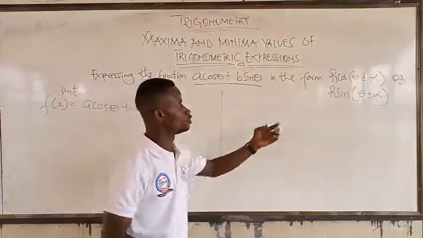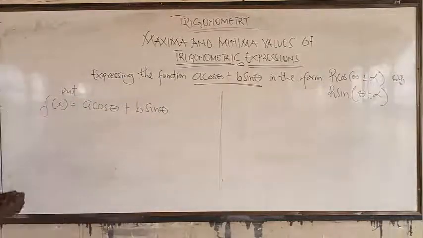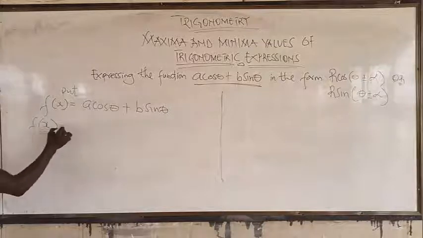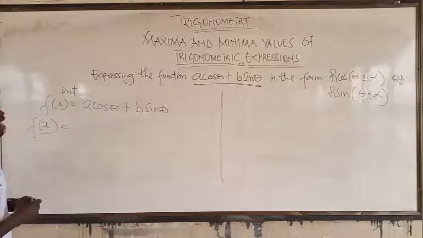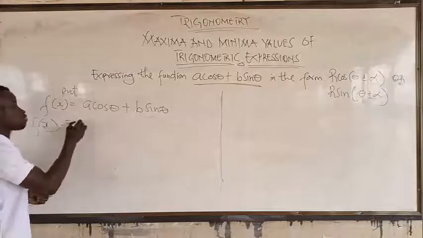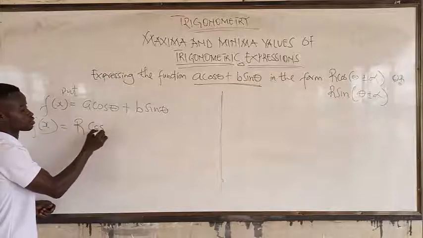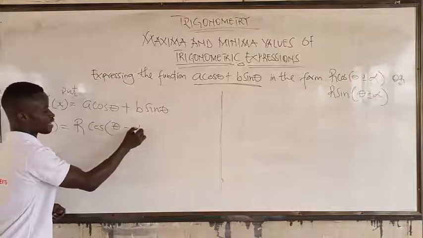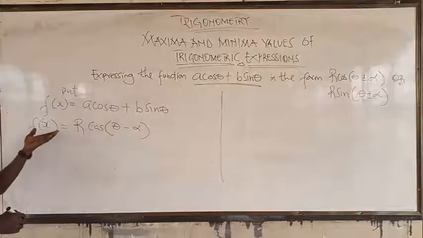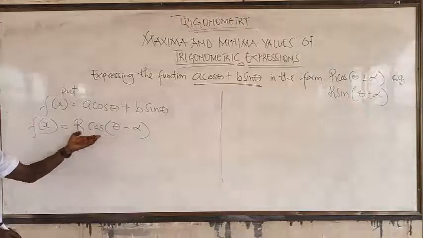Then you choose the one that you are going for, right? But you also equate that because you want to express this in the form. So now, for me, I'm using r cos theta minus alpha. Alright? So that means that I will equate this to be equal to this.